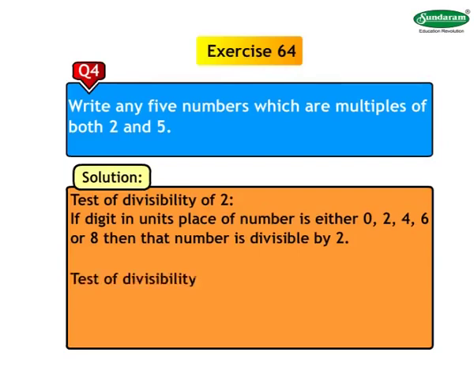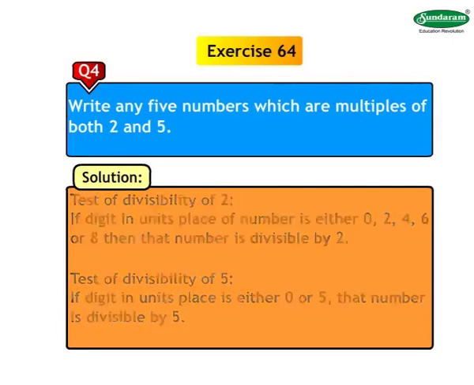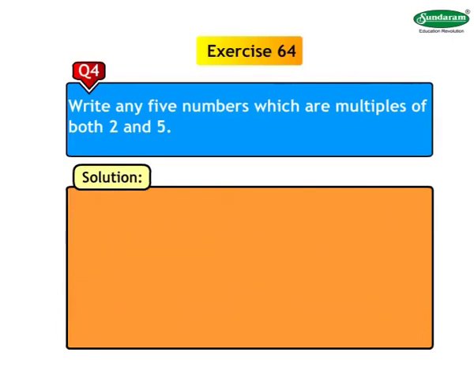Test of divisibility of 5. If digit in units place is either 0 or 5, that number is divisible by 5. So, in table of 2, whenever we get number with 0 in units place will also be multiple of 5. Because in table of 2, we do not get 5 in units place of any number.